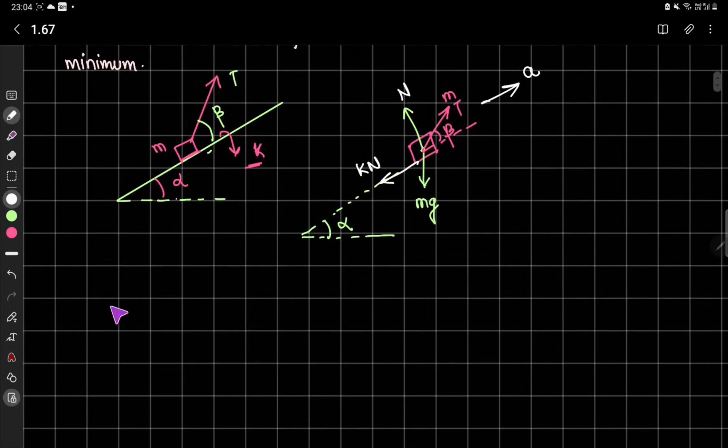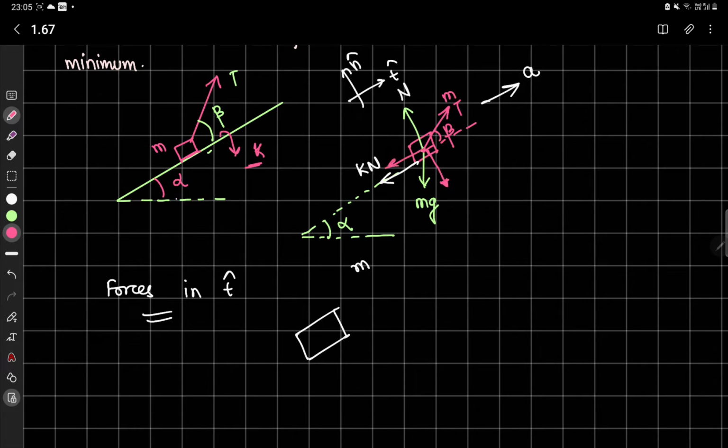Now let us first obtain the forces in the tangential and the normal direction. Let us say this is our body of mass m, and we have the components of mg. One component is in this direction and another in this direction. If this angle is alpha, then this angle will be 90 minus alpha.